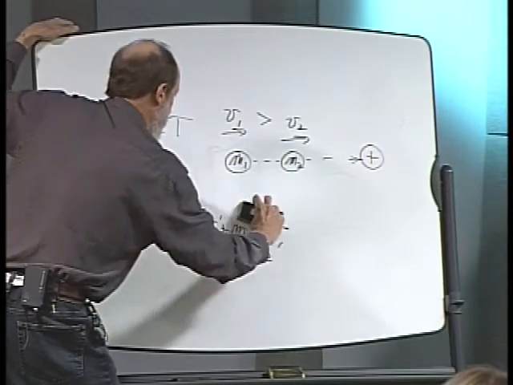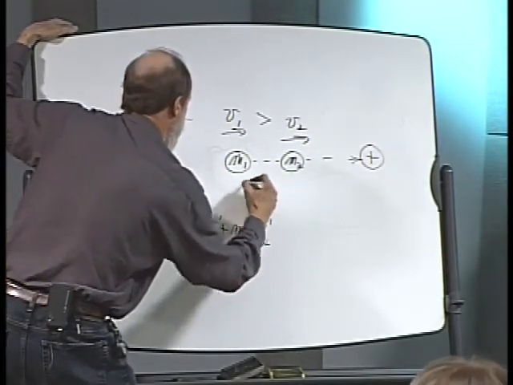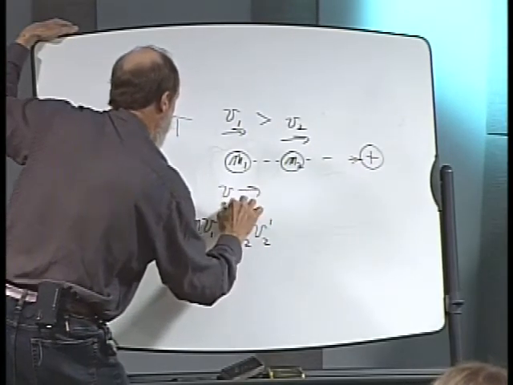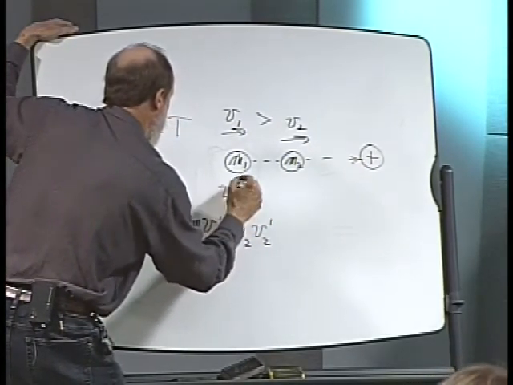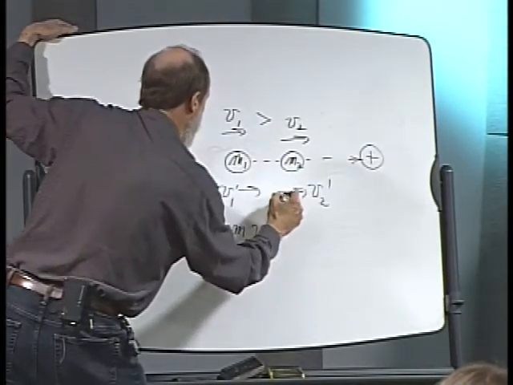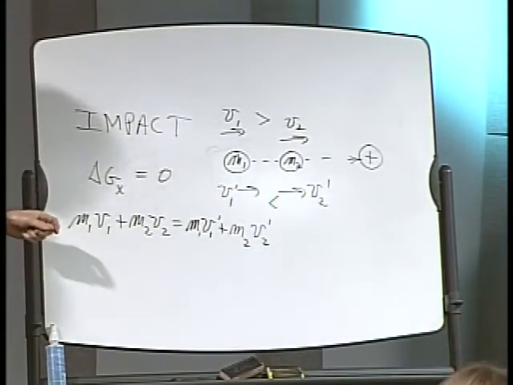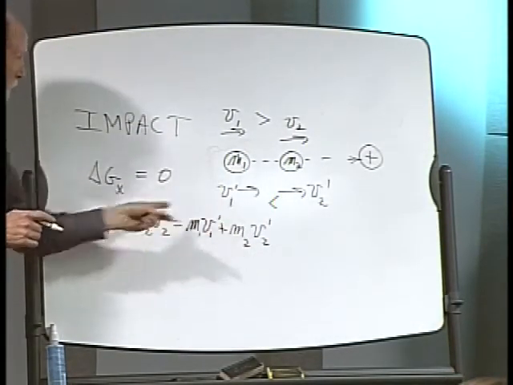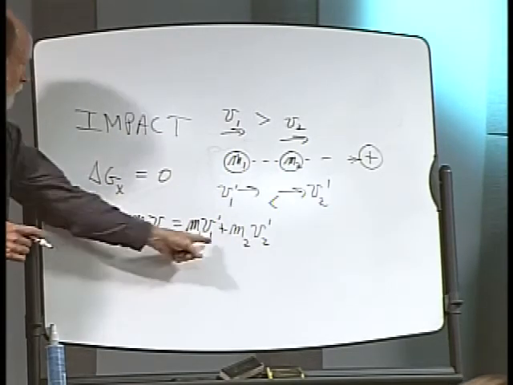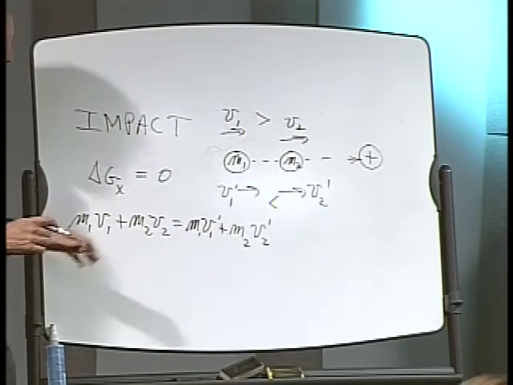Let's clean that up a little. If you knew the masses and you knew the incoming information, there are two unknowns in this equation. Okay? So there's two unknowns.